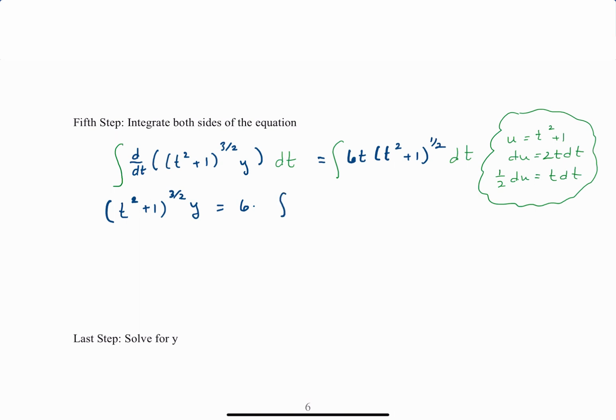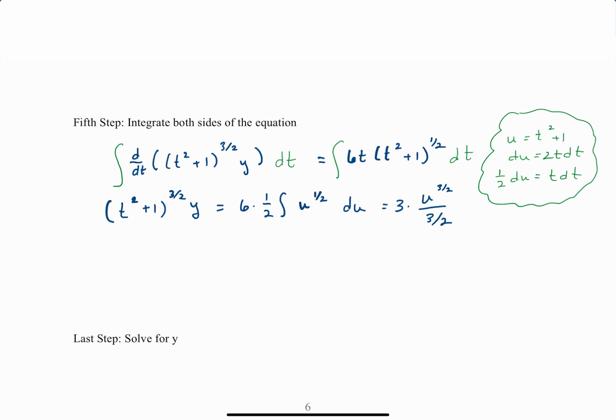The t dt turns into 1/2 du, and I'm bringing the 1/2 out front. And then inside we have u to the 1/2. So integrating, well, let's simplify. The 6 times 1/2 is a 3. And then integrating, I'm going to have u to the 3/2 over 3/2.